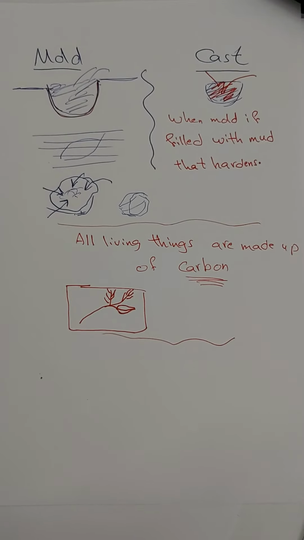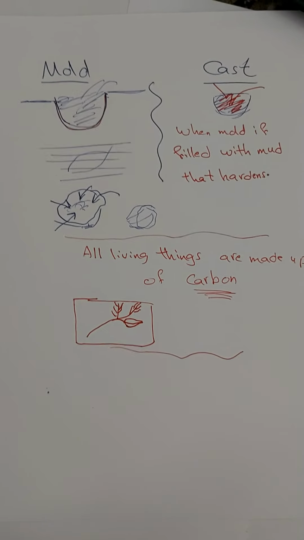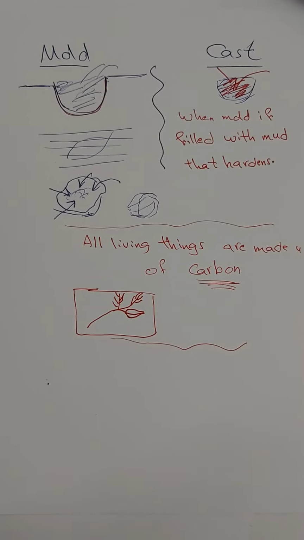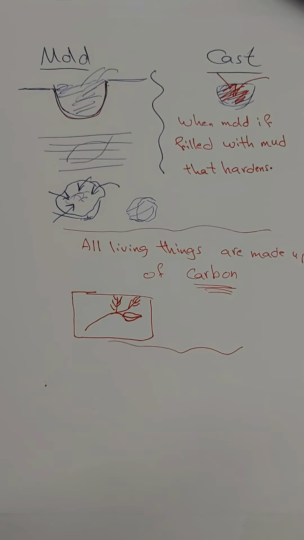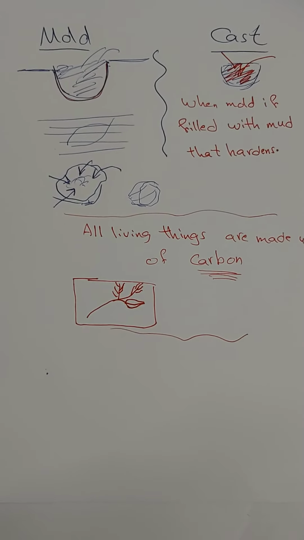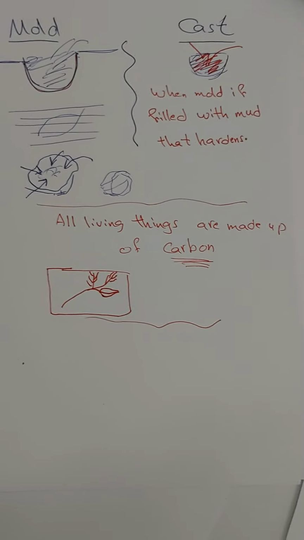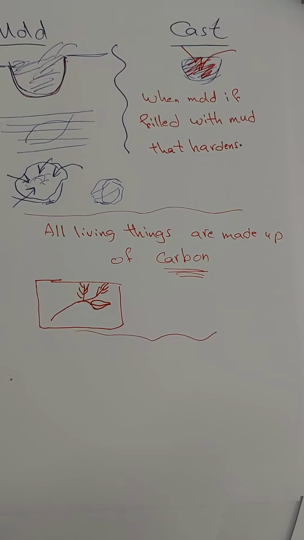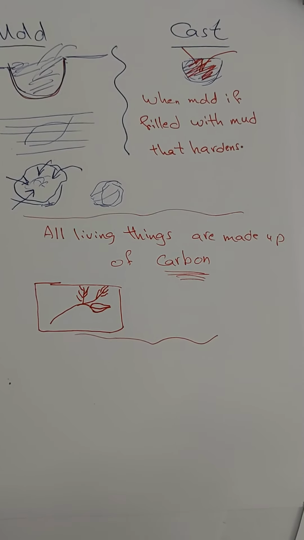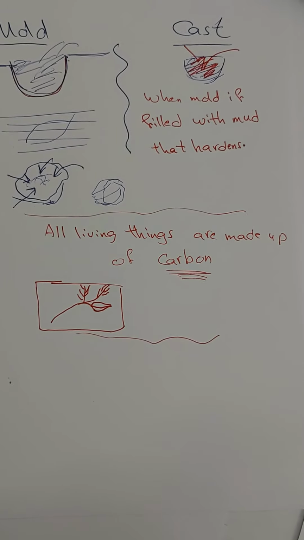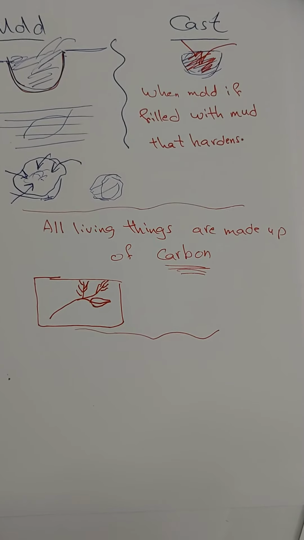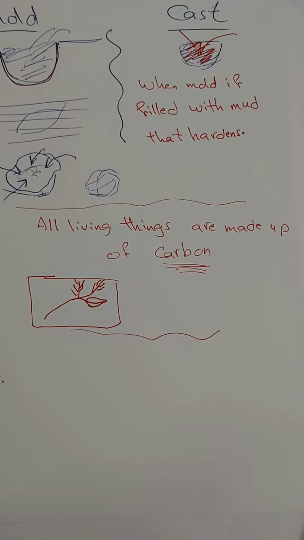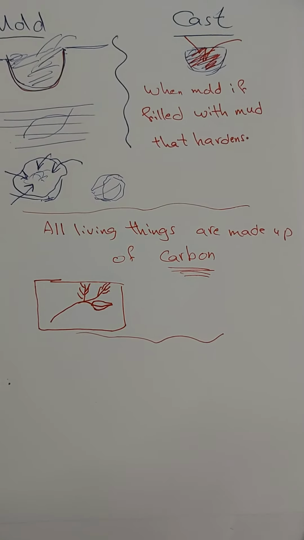How? By replacing the shell or the plant material. Example, petrified wood. Then you have to distinguish between mold and cast. Carbon film is when the remains or the plant tissues are preserved as a carbon film inside rock. Then footprints, another example about fossils.